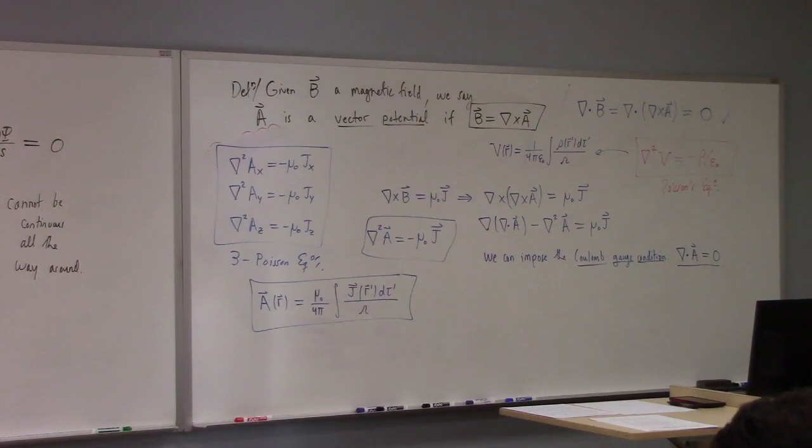So if I have V1 and then I have V2 is equal to V1 plus a constant, or if I have A1, or if I have A2, which is equal to A1 plus, check this out, the gradient of an arbitrary function. Right? So if the electric field is minus the gradient of V1, well, guess what? It's also equal to minus the gradient of V2, since the gradient of V1 plus C is just equal to the gradient of V1, right?